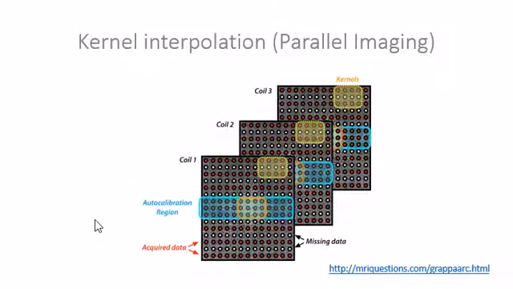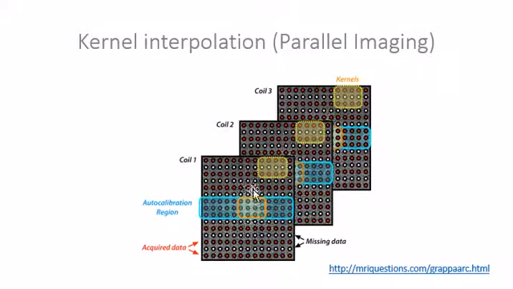It corresponds to learning an interpolation kernel from the auto-calibration region in k-space. The auto-calibration region is the mid-region of the low spatial frequency points in k-space, which is fully sampled. The kernel is estimated from this calibration region, so that the kernel finds the relation between the neighboring k-space points.